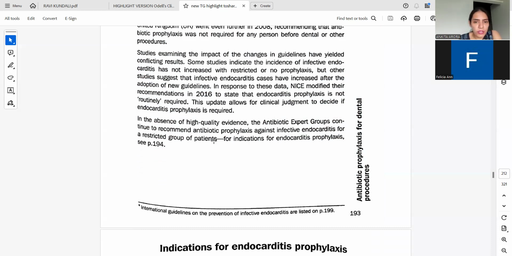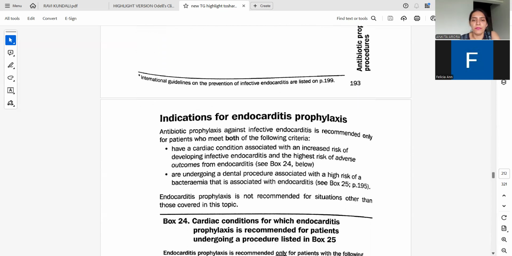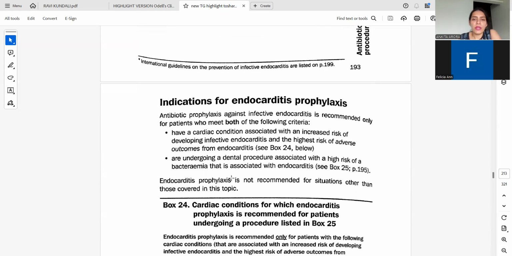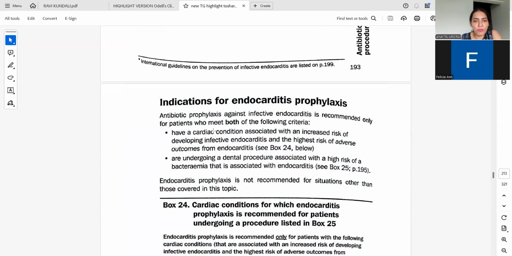In the absence of high quality evidence, expert groups continue to recommend antibiotic prophylaxis against infective endocarditis for a restricted group of patients. Now we will read the indications for it. In what restricted group should we give it? It is only recommended for patients who meet both of the following criteria, so two criteria should overlap.